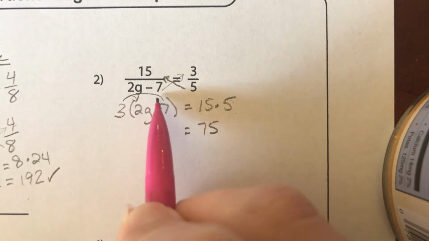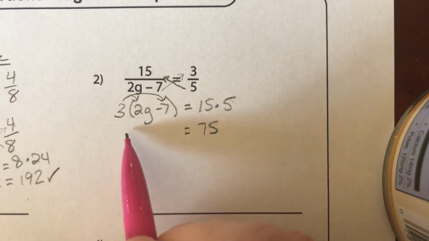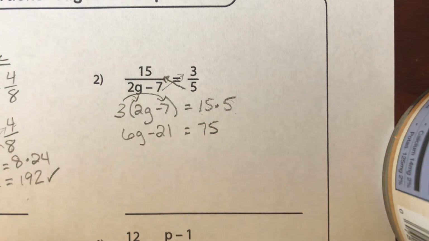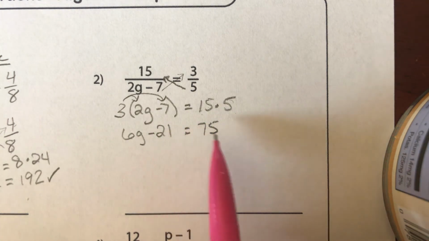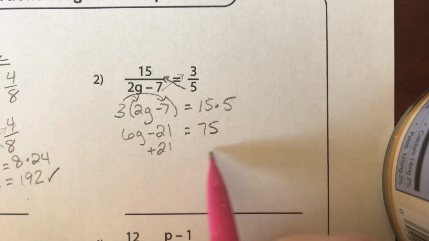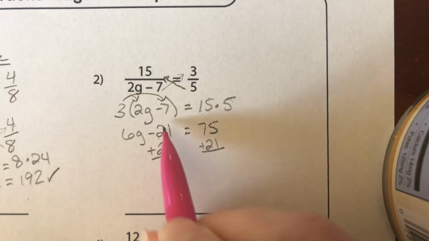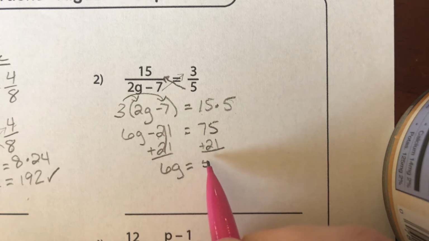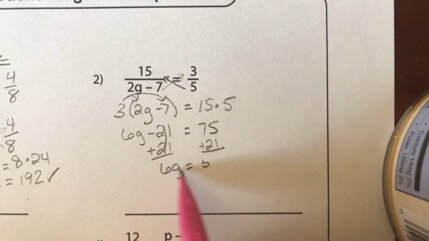Over here, I have the distributive property, so I've got 6g minus 21. Now we're right back to a 2-step. Inverse operation, we add the 21 to both sides. 6g is equal to, I'm sorry, I think I practiced these earlier and I mixed something up, but let's keep going here.